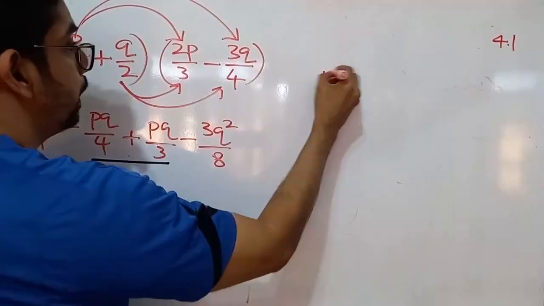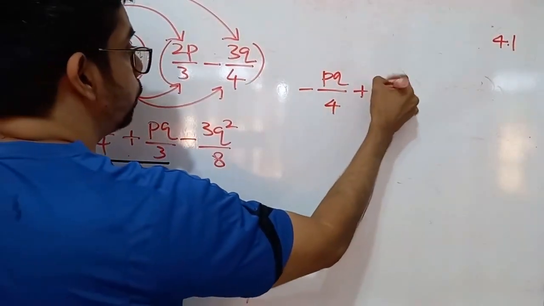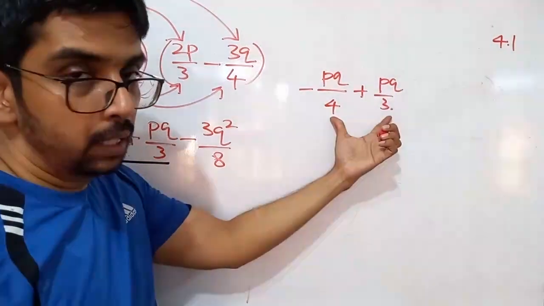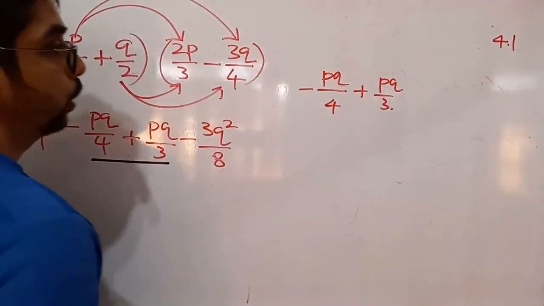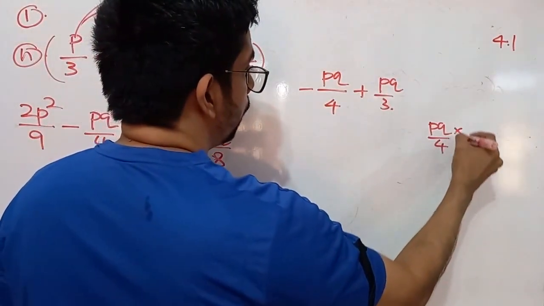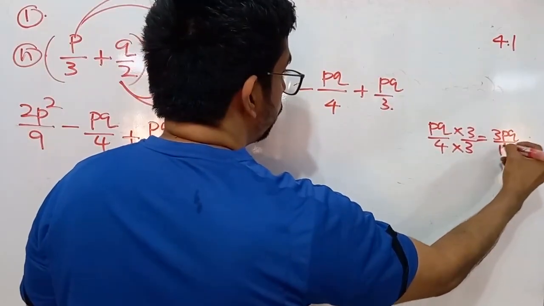එතකොට අපි ගත්තොත් එහෙම pq by 4, so that is negative. Positive pq by 3. එතකොට මේ දෙක ගත්තොත් least common multiple එක වෙන්නේ මොකද්ද? 12, right? So pq by 4, we have to multiply the numerator by 3 and the denominator by 3. So 3pq by 12.